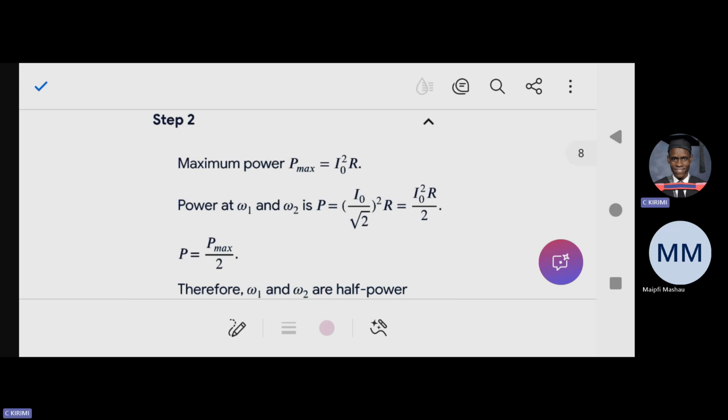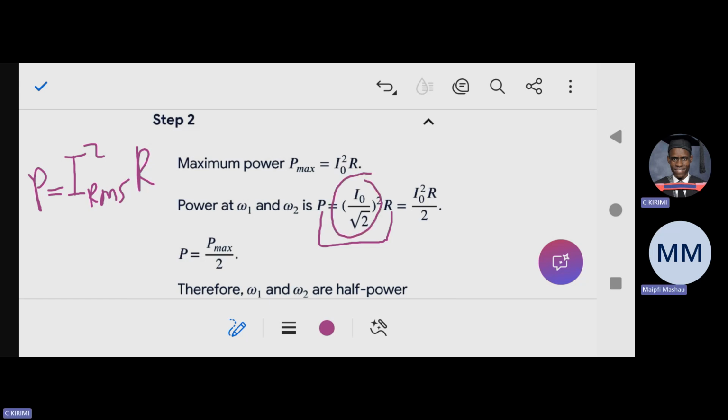How do you do that? First, I explained this on the previous recording. The power points are given by the formula P, which is I RMS, root mean square, squared, multiplied by R. That is the definition of the power points.